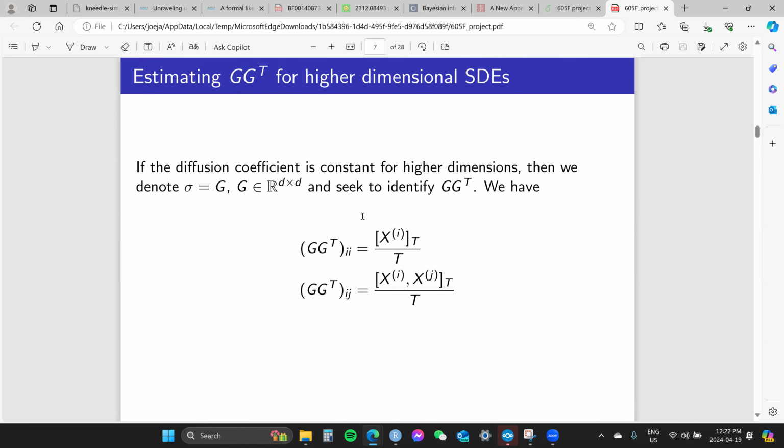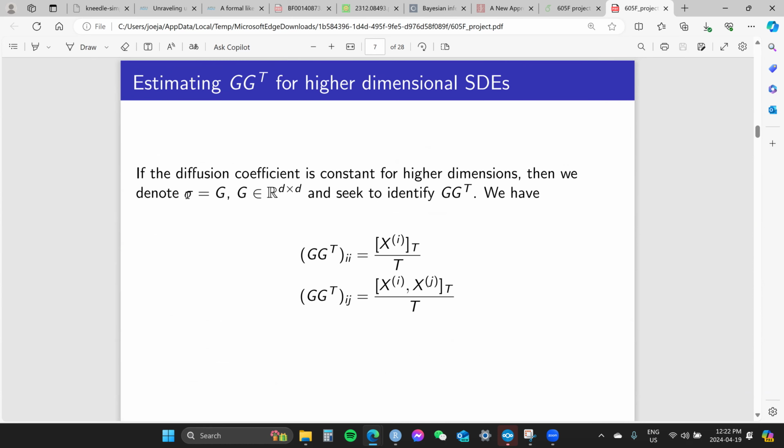Before we estimate the drift B, this is just a note about how you could estimate sigma in the multivariate case. It's very similar. Basically, if you denote sigma as a square matrix, then you could identify all of its entries. In one dimension, it was just the quadratic variation divided by time.